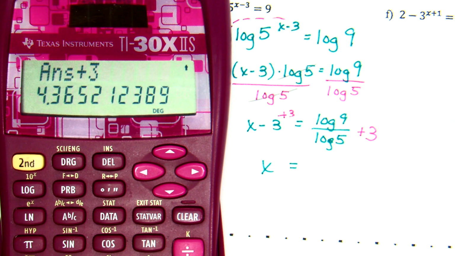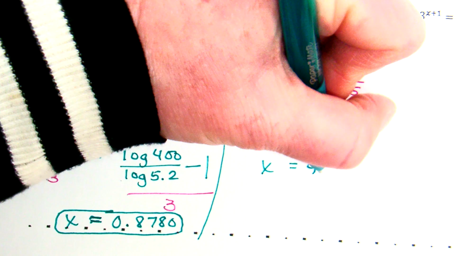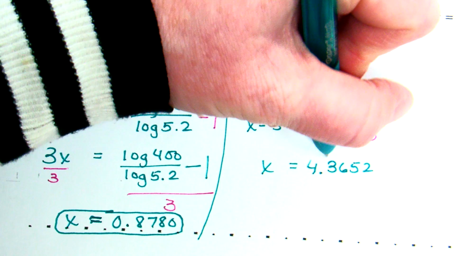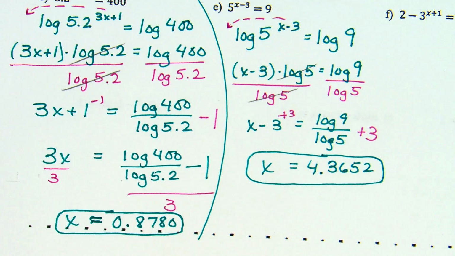Okay, good. 4.3652. Okay. Good review from yesterday? Can I review what we learned yesterday? Remember, if you can make the bases the same, we did that first. If not, we took the log of both sides.